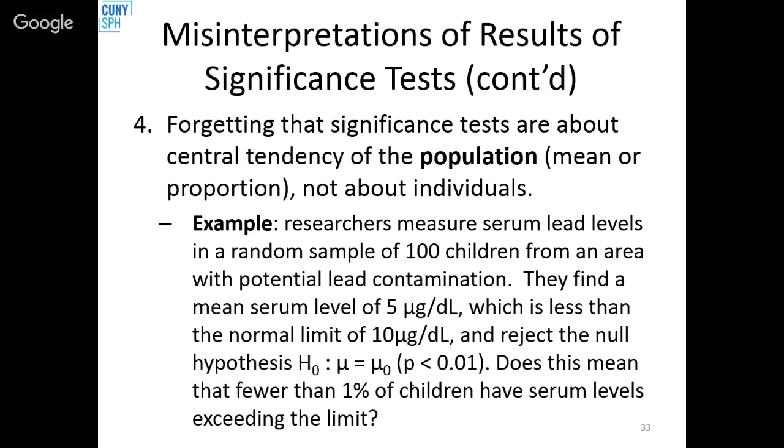So there's a difference in mean serum level from the normal limit. It's 5 micrograms less. So how would you interpret this p-value as a probability?